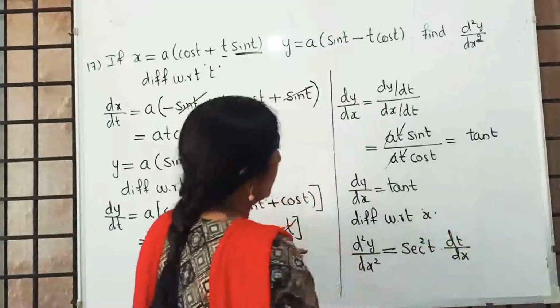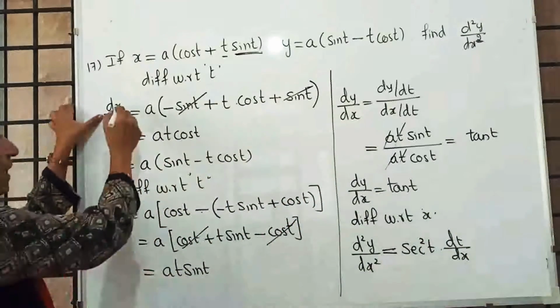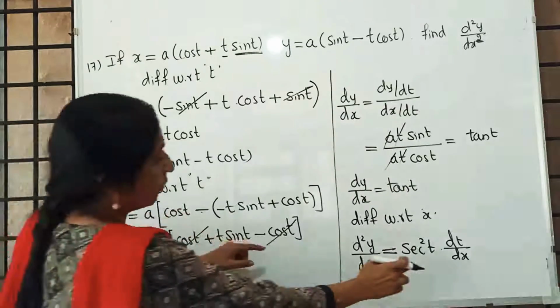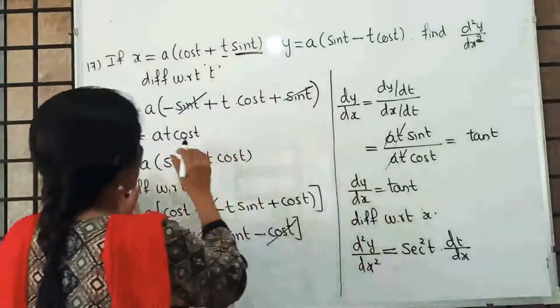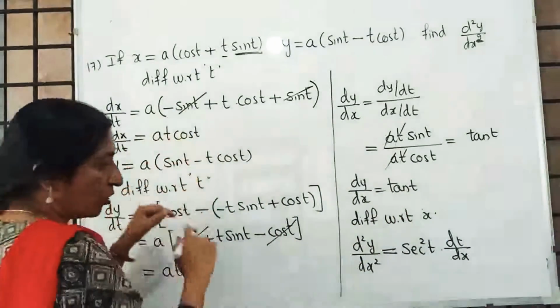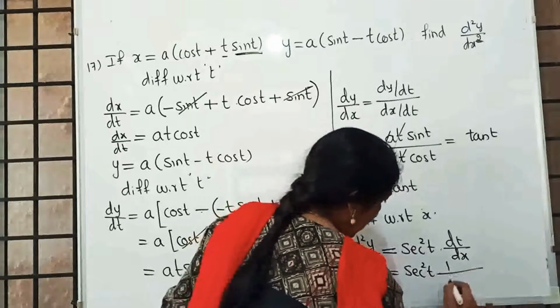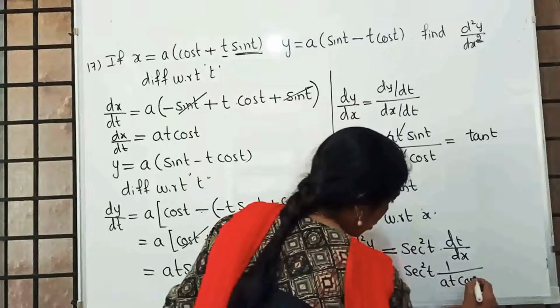It is dt upon dx. Move back, see, we know dx upon dt, but we require dt upon dx. That means whatever is the answer, write the reciprocal of it. Secant square t into 1 upon a t cos t.